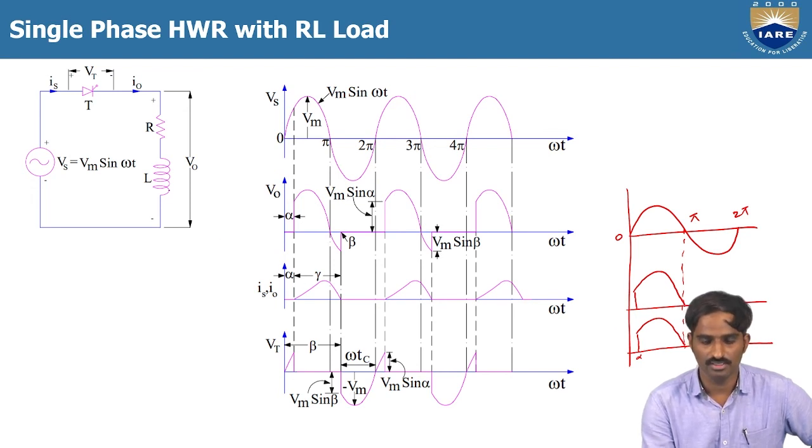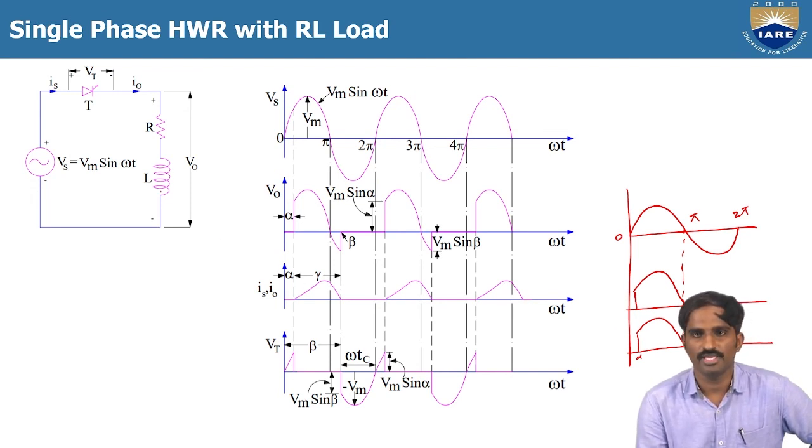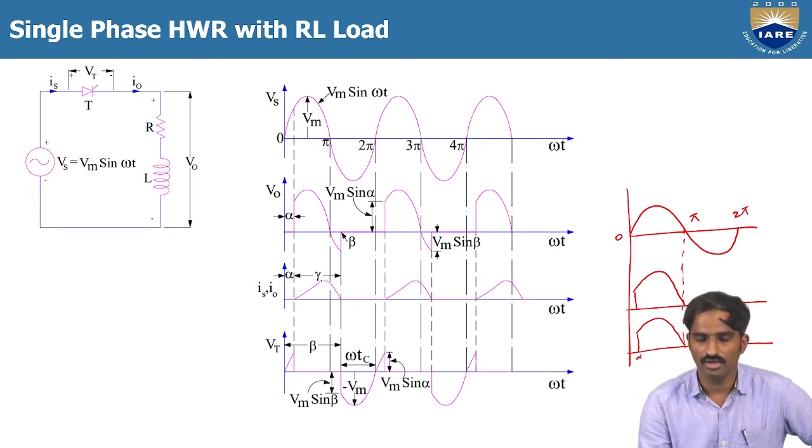Because of the basic property of the inductor: it does not allow a sudden change in the current. That's why it gradually increases, and after it reaches the peak value, it gradually decreases and becomes 0 at beta.